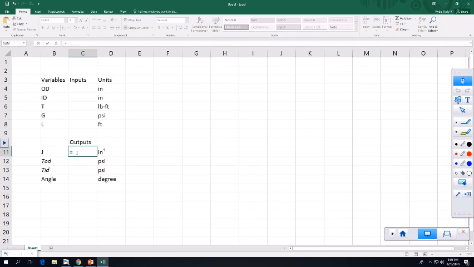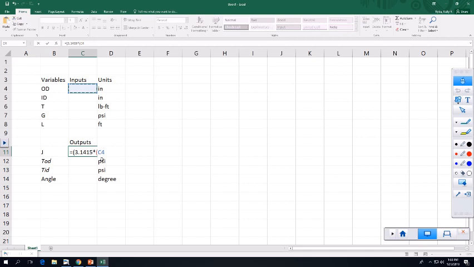Then I'm going to start with a parentheses, 3.1415, times parentheses, and again I'm going to write it the way I showed it there, on one line, parentheses. Now DO, my outside diameter, is a cell designation, and that's going to be up here. I could either put in C4, or I can simply click that cell, and you see how it recognizes it, and it's going to input it, and then I can continue on.